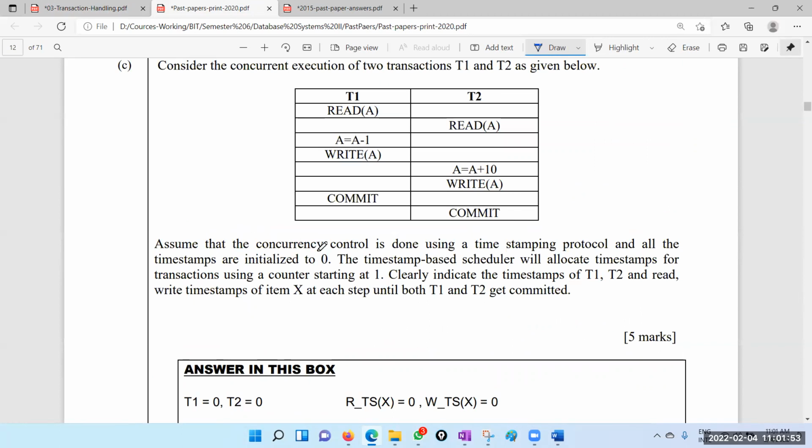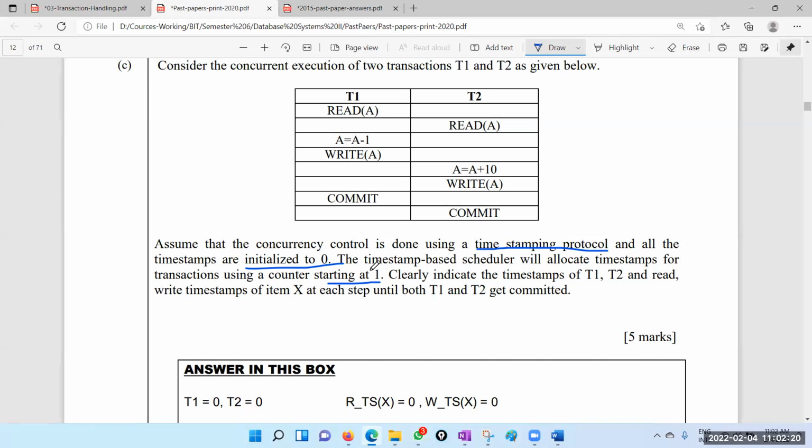Right. Assume that the concurrency control is done using the timestamp ordering protocol, and all the timestamps are initialized to 0. The timestamp-based scheduler will allocate timestamps for the transactions using a counter starting at 1. So rather than timestamps like 10:01, 10:02, 10:03, 10:04, just assume it's a counter, because that is enough. We don't need the exact timestamp.